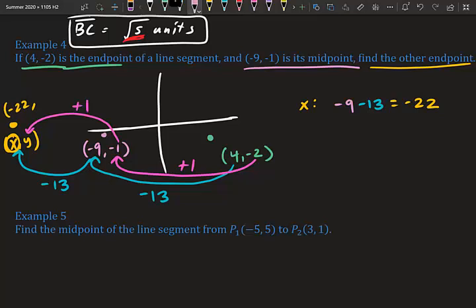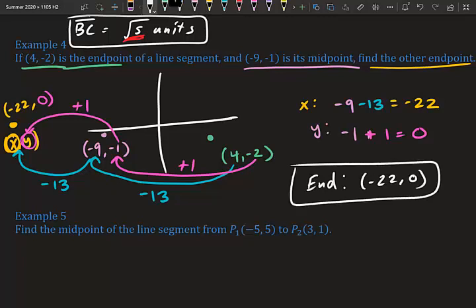So for the y's, it's -1 plus 1, and we get 0. So that means this point right here is 0. So the other endpoint is -22, 0.